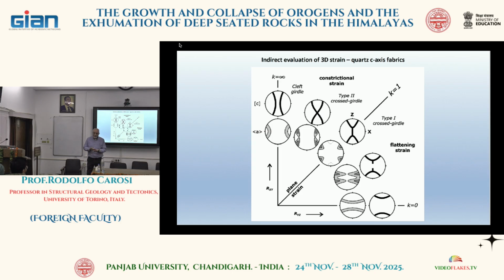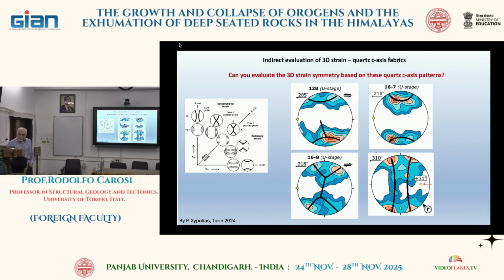It is better to put the thin section under an electron microscope with an electron backscattered machine that collects in a few hours all the information about the C-axes, the magnitude of the grain size, so complete information. It is quite expensive, but it is very useful. Anyway, using the C-axes, of course, we have an estimation of the 3D strain. It is an independent method.